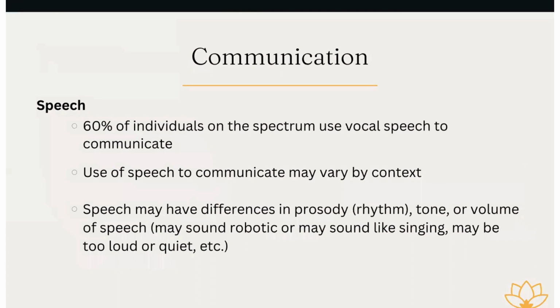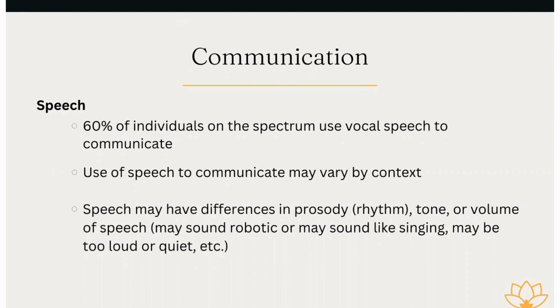A lot of individuals in society perceive individuals on the autism spectrum as either verbal or nonverbal. But there's really a myth that if a child is verbal, then they can speak to communicate, and if they're nonverbal, then they can't. In reality, there's a huge spectrum of skills when it comes to verbal speech and vocal speech.